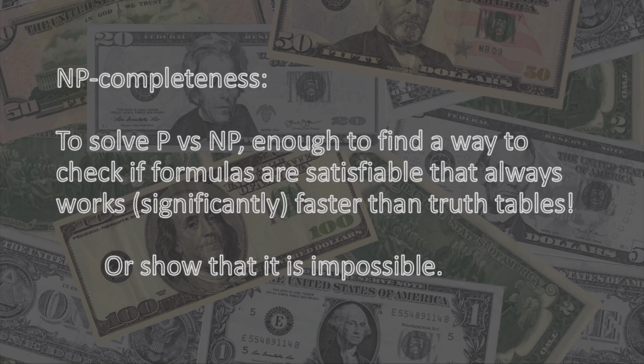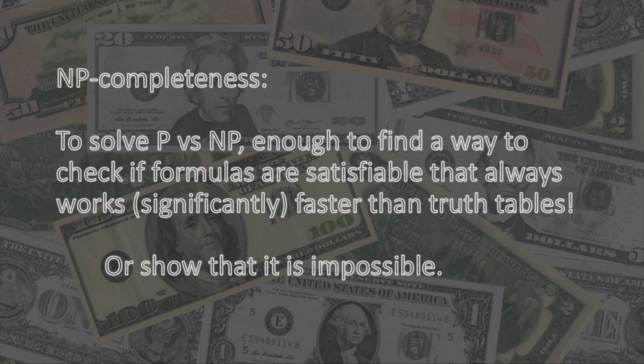So the reason I say that you already know what you need to do to solve this problem is a really cool thing called NP completeness, which essentially says that you could write any problem of the form, I have a solution that I can check efficiently, as a formula.